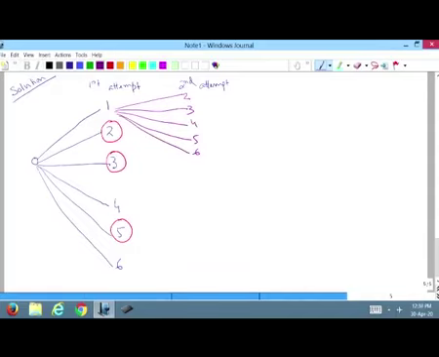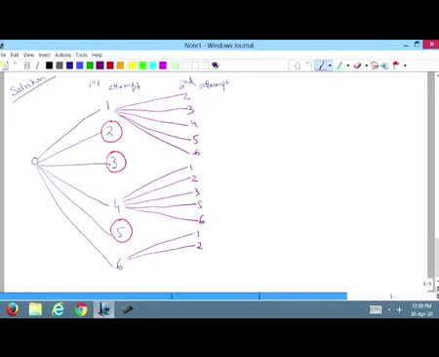If we have got a 4, then in the second attempt we can get 1, 2, 3, 5 or 6, and if we get a 6, then in the third attempt we can get 1, 2, 3, 4 and 5.